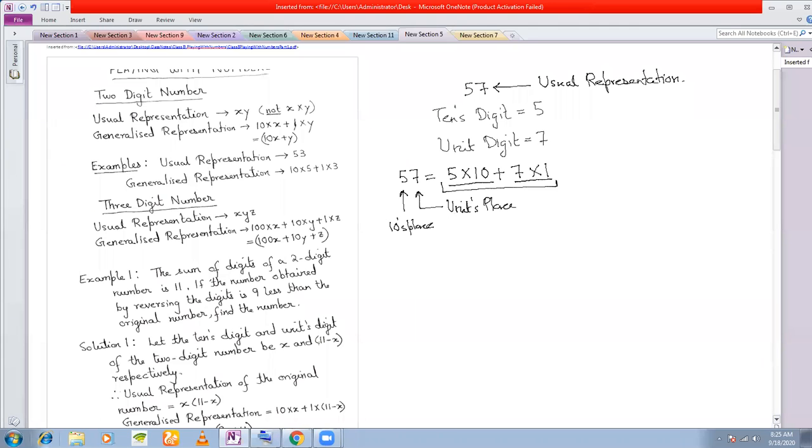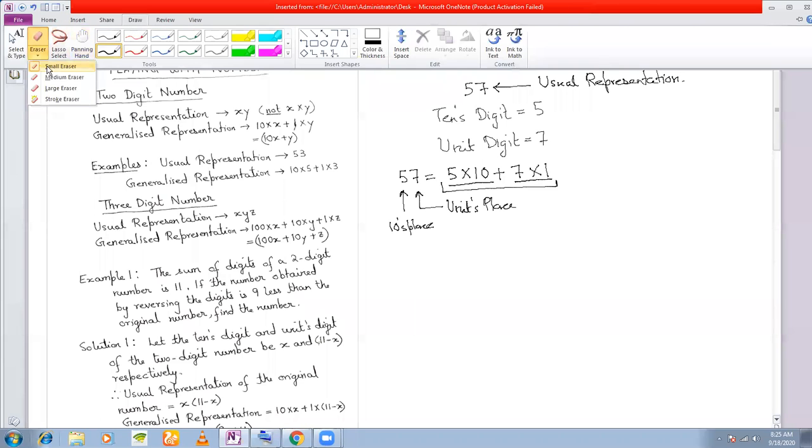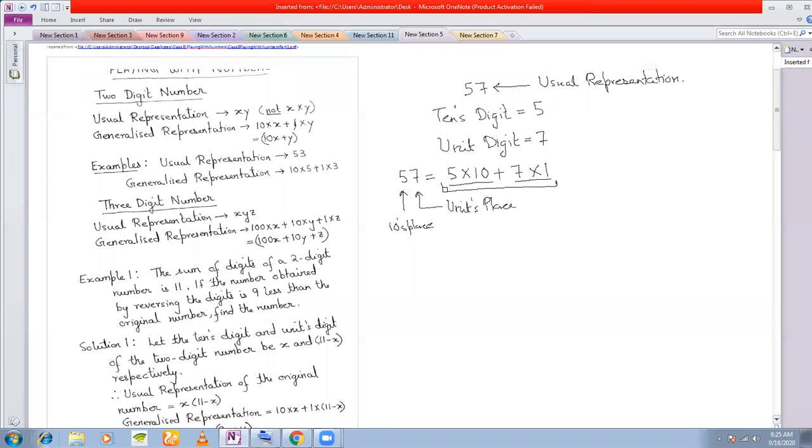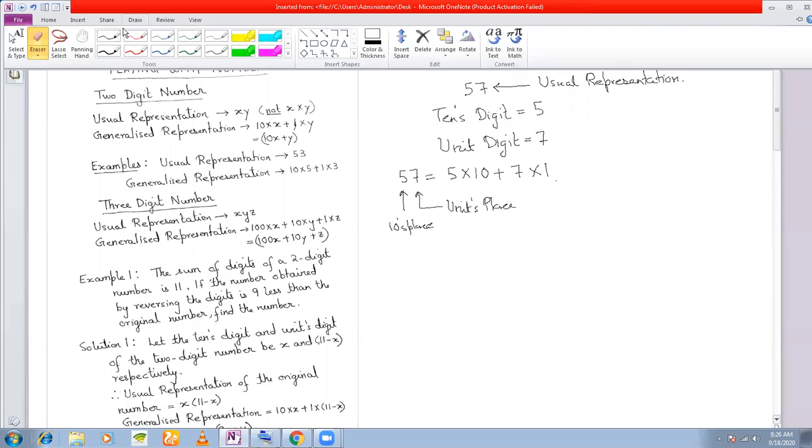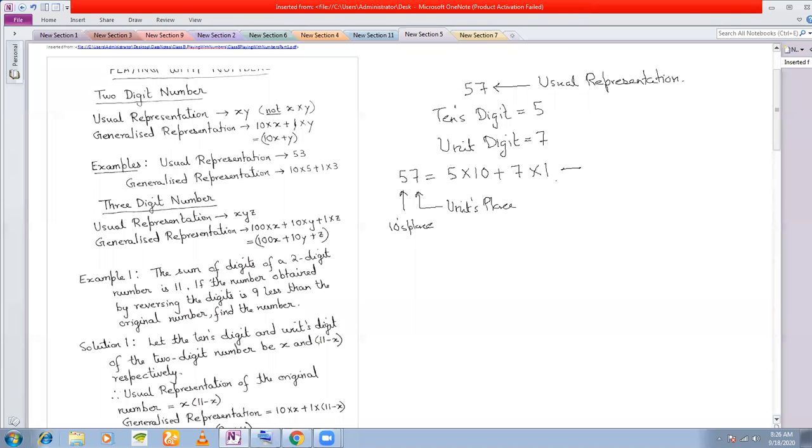This representation of the number is called the generalized representation.